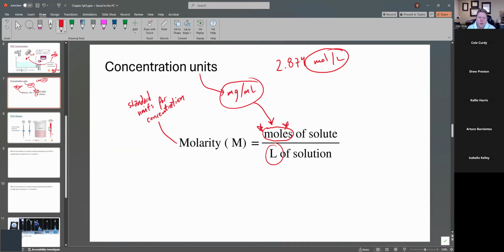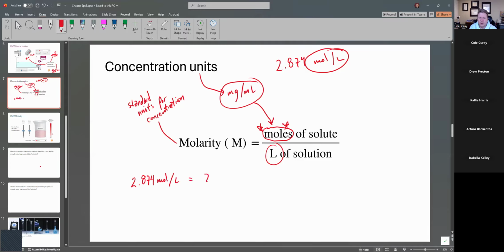So whenever you're doing a calculation, and we'll do a couple of them in just a moment, you always want to relate it back to number of moles per liter of solution. But you might see this number written as, like I said up at the top, 2.874 moles per liter.